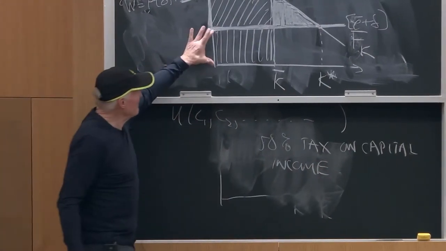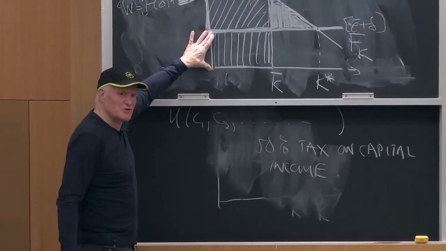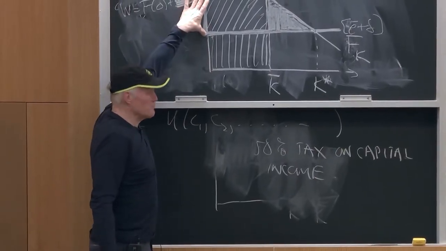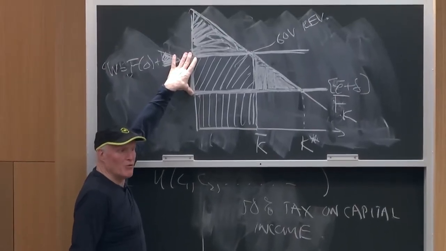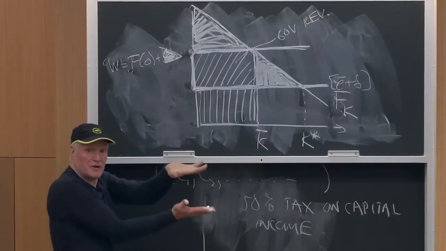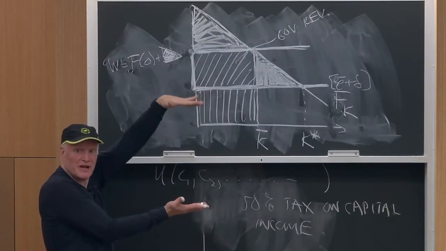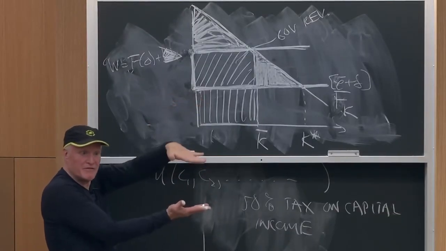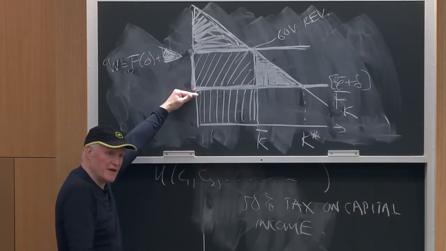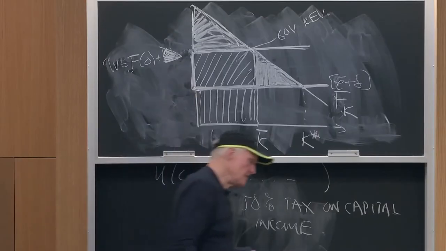Well, since you have to have the same after-tax return on capital, the pre-tax return on capital has to be double what it would have been, right? Everybody understands that, right? In order for capital to get $1, the pre-tax return has to be $2, so that once you take a 50% cut, they're left with the full $1, which is what you need to have if you have elastic supply.